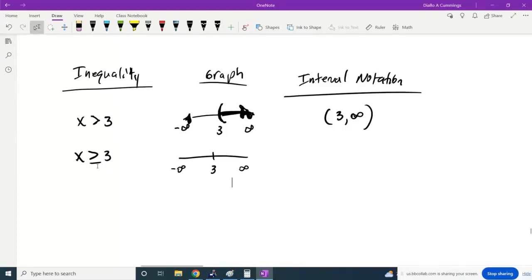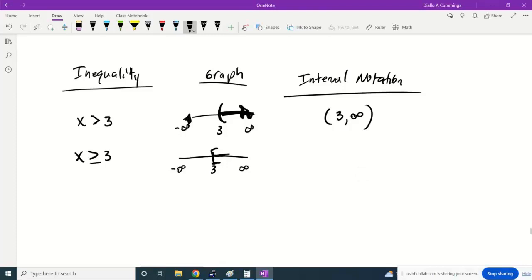So now this time we have the equal to bar. If we were using open circles and closed circles, we would use a closed circle. Since we're going to convert the graph to an interval notation, instead of a closed circle, I'm going to use a bracket. A bracket and a closed circle have the same purpose. That bracket is going to face the right.